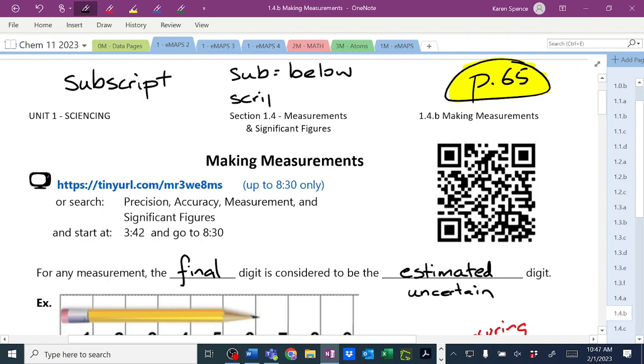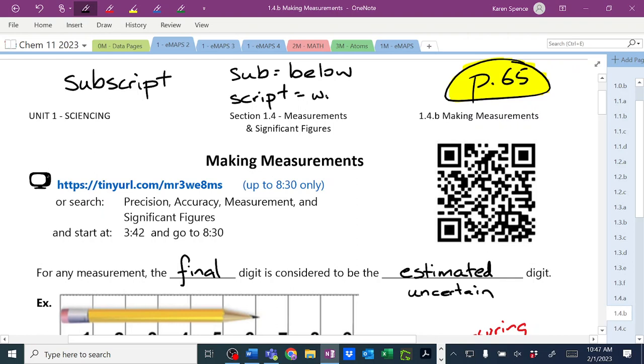Script, guess what script means? Script means writing, okay? So if you get a prescription, your doctor has written you a prescription. If you have a script for a play, somebody wrote that script, okay?